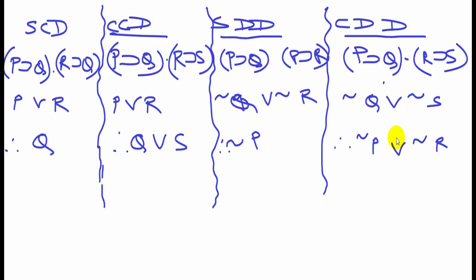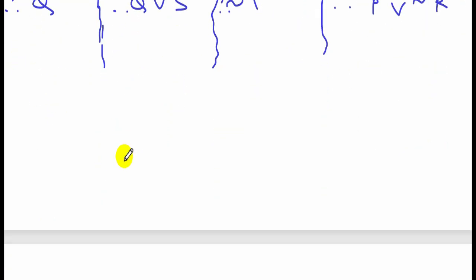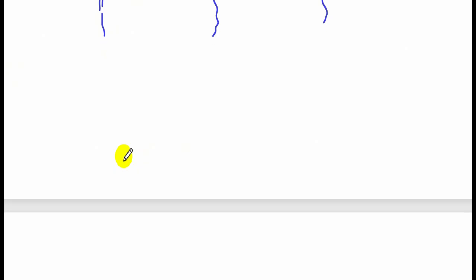Whereas in the simple constructive dilemma, we have the consequence common, whereas in destructive dilemma we have antecedent common. Okay, P and P antecedents are common in the destructive dilemma. In the constructive dilemma we have consequence common. Okay. So this is all for simple and complex constructive and destructive dilemmas. Now let us look at different kinds of dilemma.